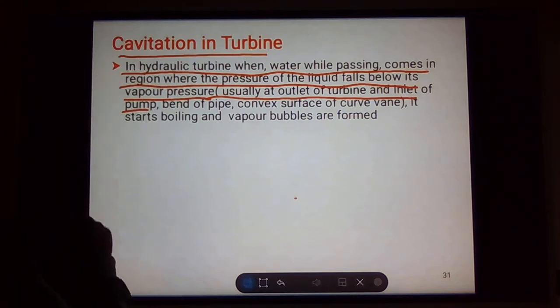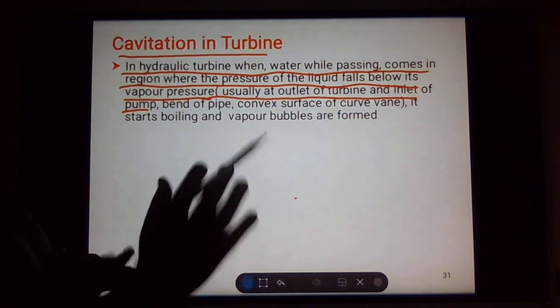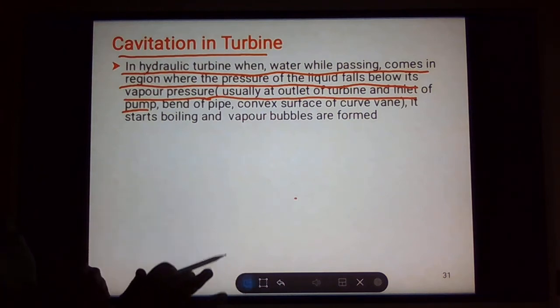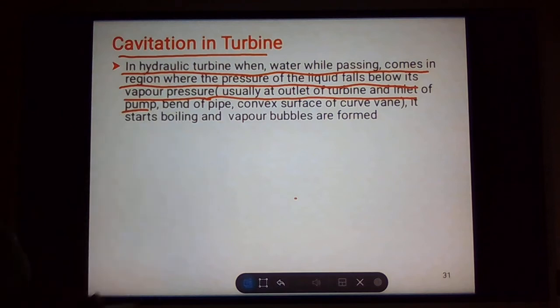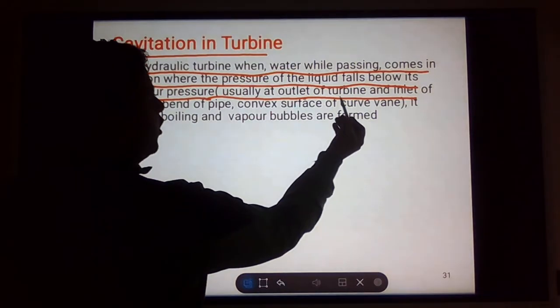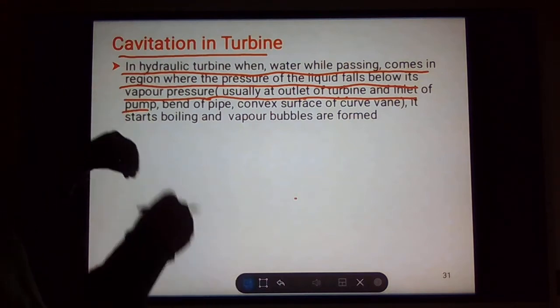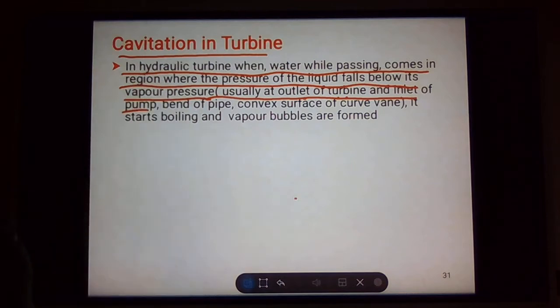So when will the water pass through such a region where the pressure of the liquid is below the vapor pressure of that particular liquid? So where will this point occur? This point will occur at the outlet of the turbine. You know that at the outlet of a reaction turbine, pressure is very low, even less than the atmospheric pressure, or here it is written as even less than the vapor pressure of the particular liquid.